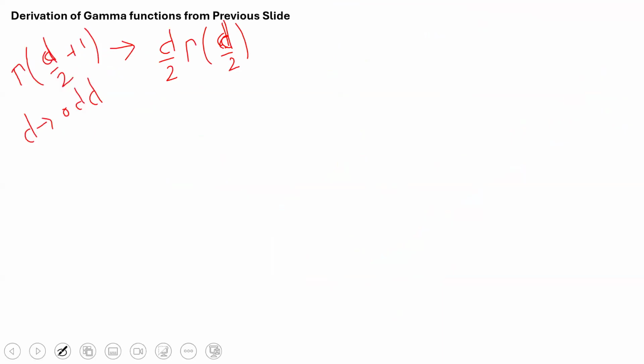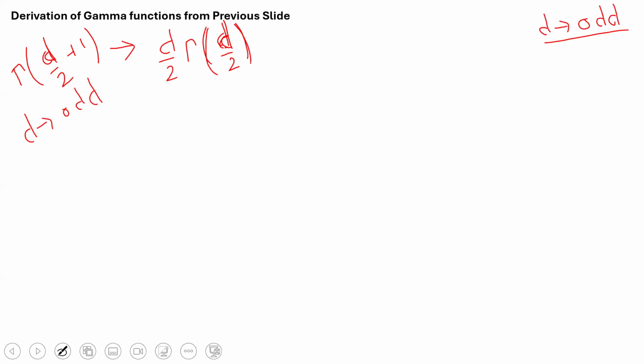And now we know d is odd. When d is odd, what happens? This becomes a non-integer value.